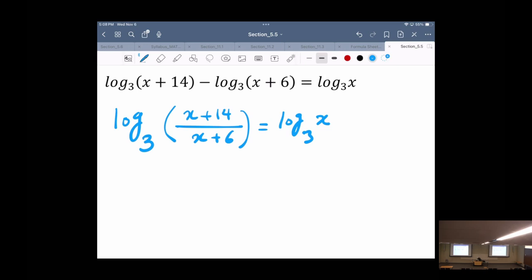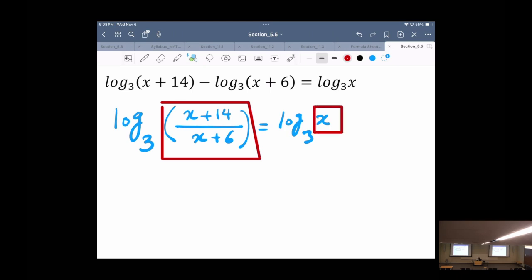So what do we do now? How can you proceed from this point forward? Notice that the left side and the right side can only be equal if this piece is equal to this piece, isn't it?